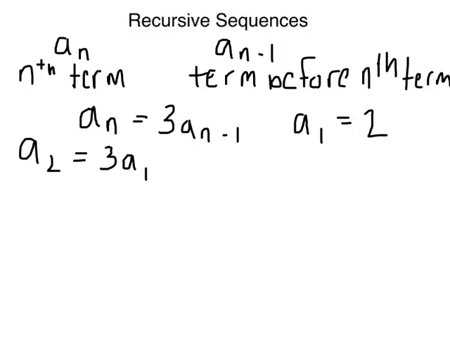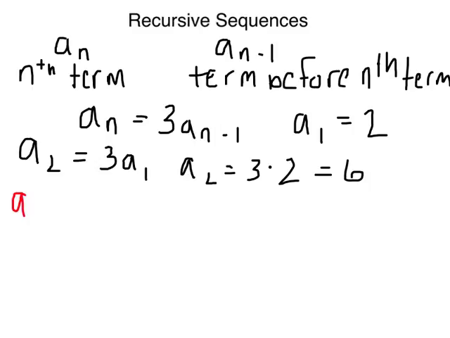Because a2 here is my nth term, so a1 would be the term before a2. So to find a2, you just go 3 times whatever a1 is. That'd be 3 times 2, which is equal to 6. So that is how we would find a2.